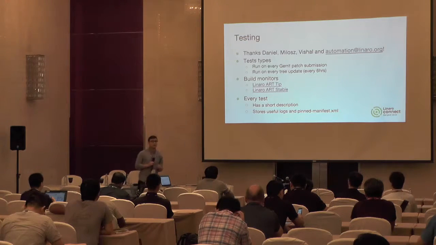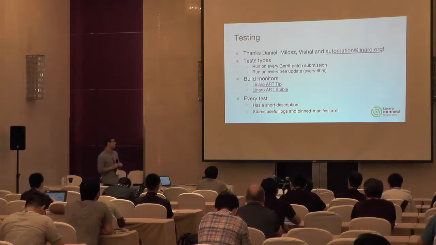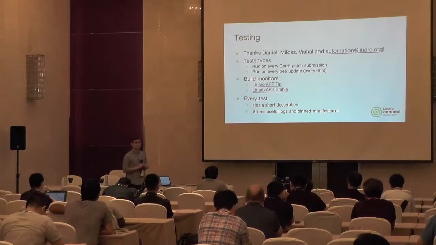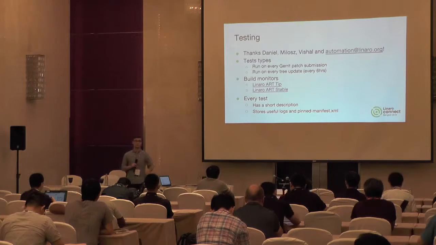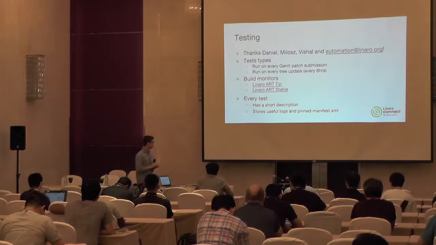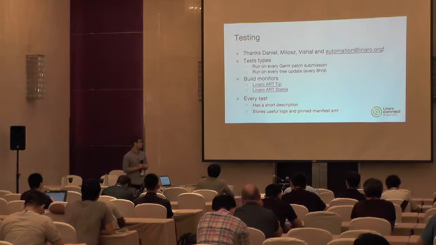You have there 2 links to our weather reports, those being our build monitors for TIP and stable. And you can see at all times what's the current state of all the tests that we're running. Every test has a short description in Jenkins, which should help you understand what the tests do.